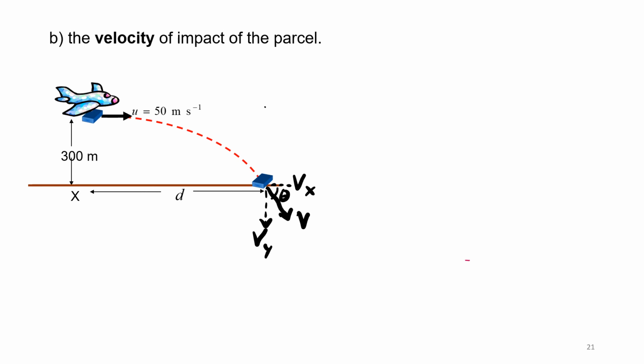Now, question number B, calculate the velocity of impact of the parcel. Firstly, we must calculate Vx. Vx equals Ux equals 50 meter per second. Secondly, we calculate Vy.